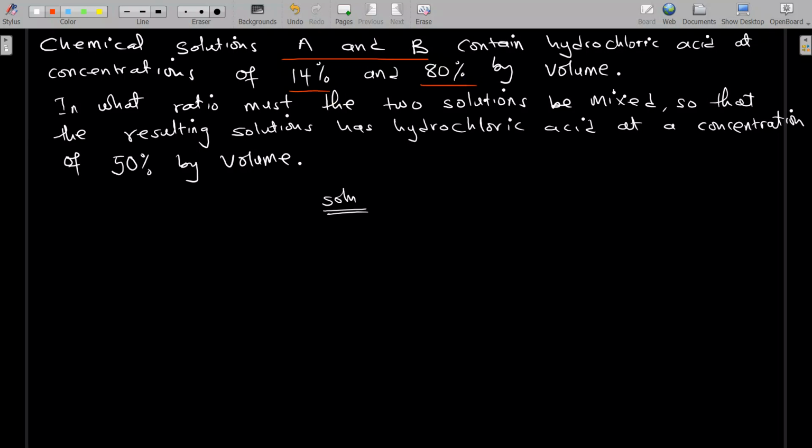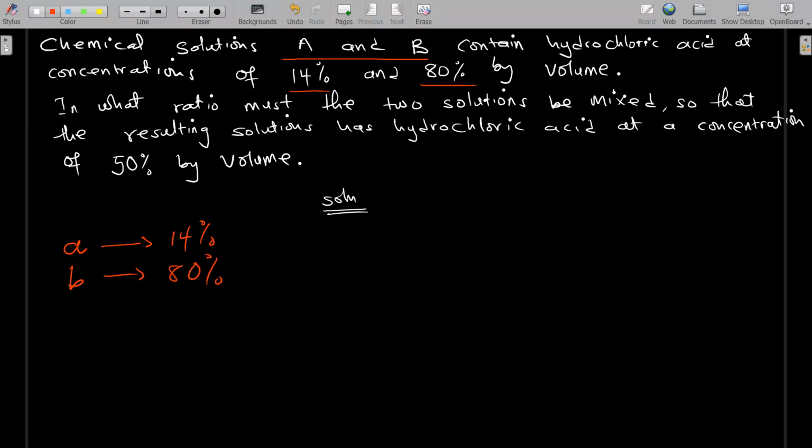Let me use small a for the concentration of solution A. So A has a percentage of 14, and B has a percentage of 80.